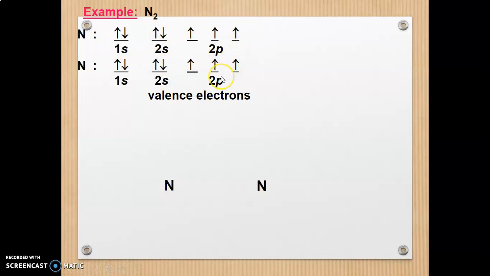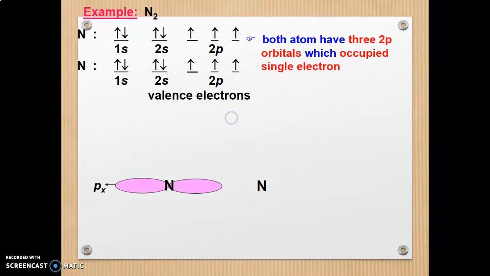The valence electron at the 2p, there are 3 single electrons. So we have here px orbital have 1 single electron, another p orbital, pz, have single electron, another one p orbital, py, single electron.